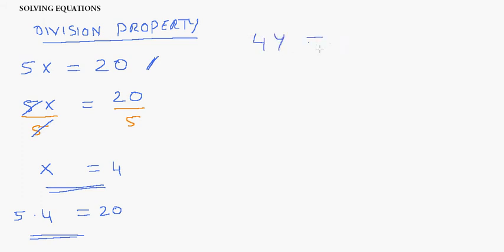4y equals 16 is another equation where the variable y is being multiplied by 4. Now use the division property to divide each side of the equation by a non-zero number. Here in this case it is 4. Write the original equation as it is, and 16 here.